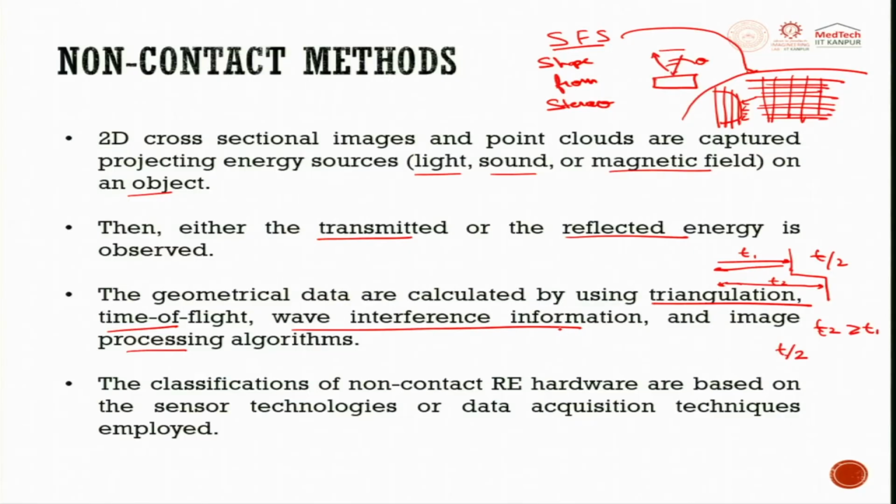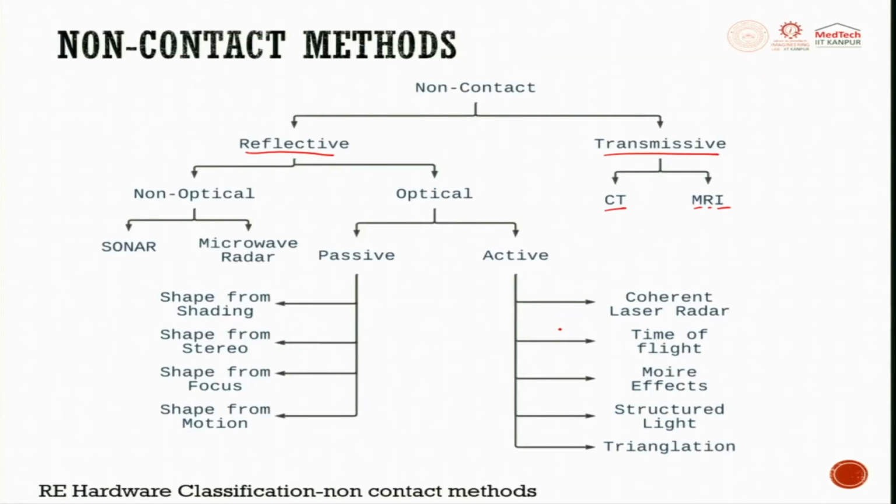Wave interference information, image processing, different kinds of methods are there. So, those methods are the non-optical and the optical methods. The non-optical methods are sonar and microwave radar technologies. Then in optical methods, passive measurement or active measurement could be taken. In the passive measurement, I just mentioned shape from stereo, shape from shading, shape from focus, shape from motion.